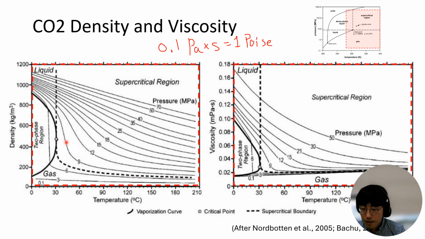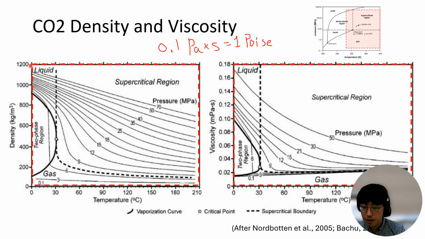So generally, the more pressure, the higher the density. But when it comes to phase changes, we have more dramatic changes. Within the gas, in the case of 6 megapascal, the density only changes between 200 kilograms per cubic meter and maybe 100 kilograms per cubic meter.